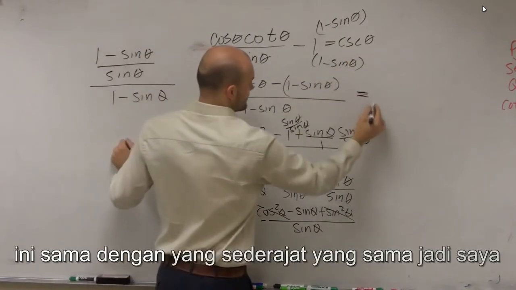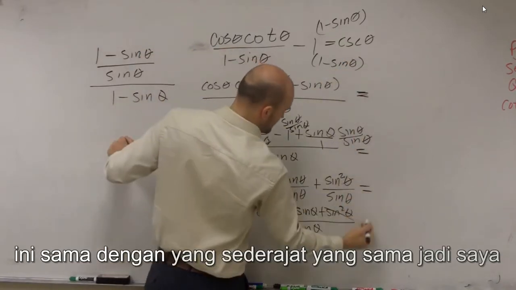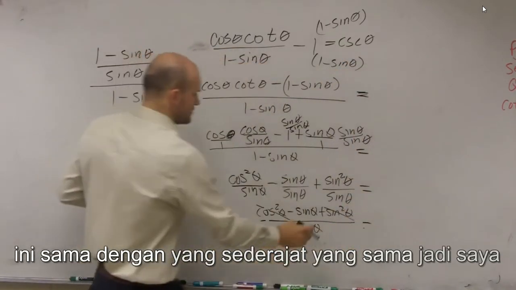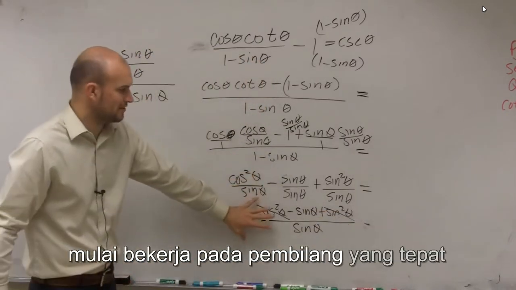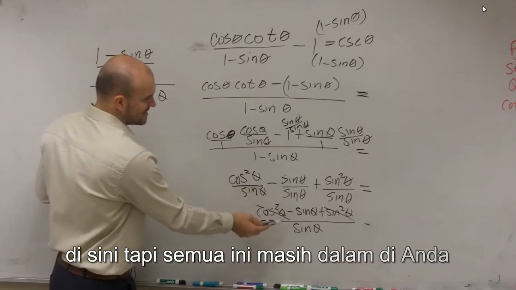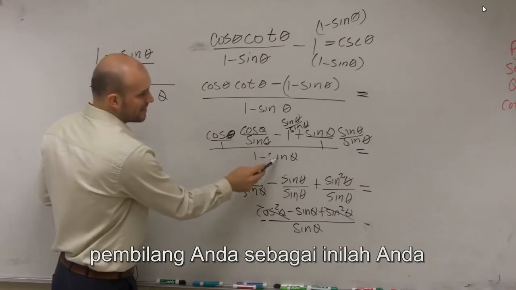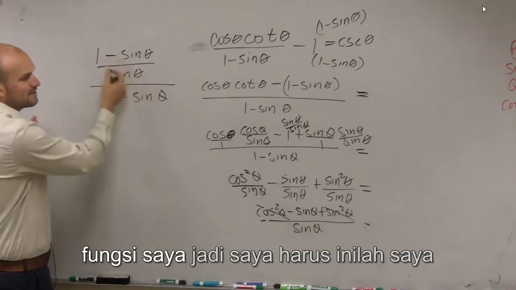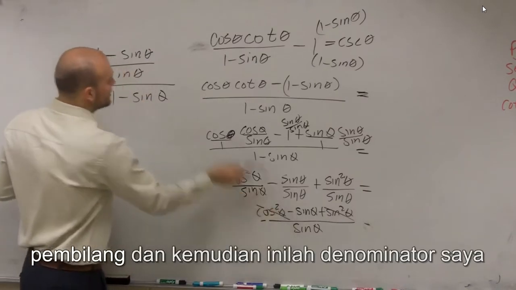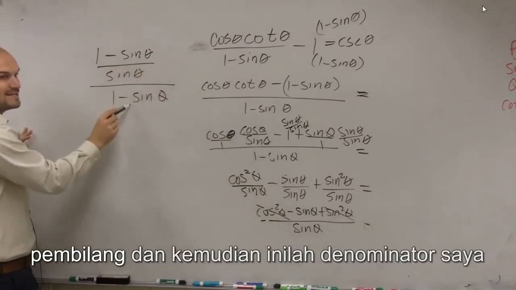I just kind of started working on the numerator right here, but all of this is still in your numerator, and here's your denominator. So now I'm set up: here's my numerator, and then here's my denominator.